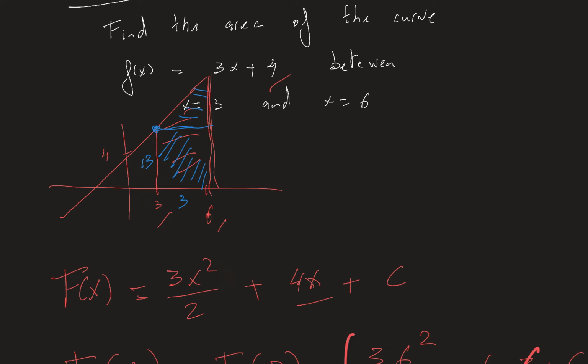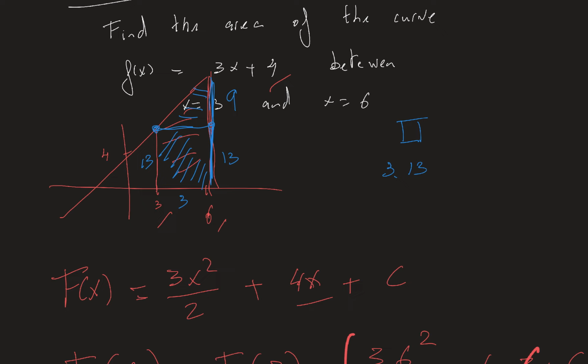So the area of the rectangle is 3 times 13. The total height at x equals 6 is f of 6, 3 times 6 is 18, plus 4 is 22. So 22 minus 13 is 9.